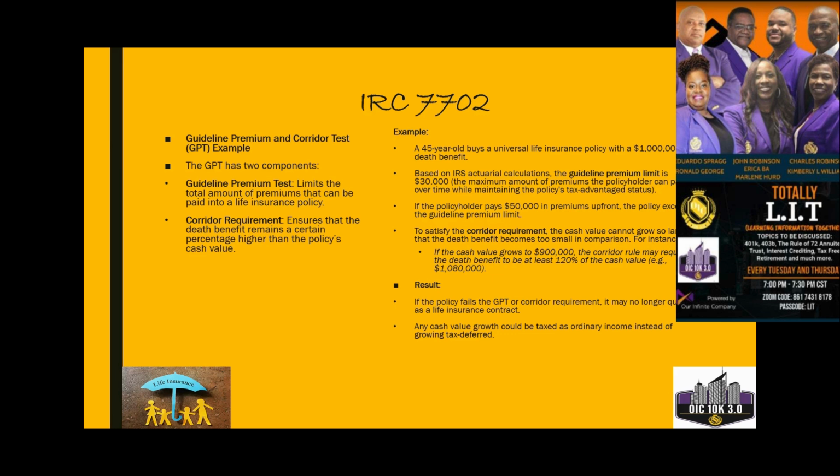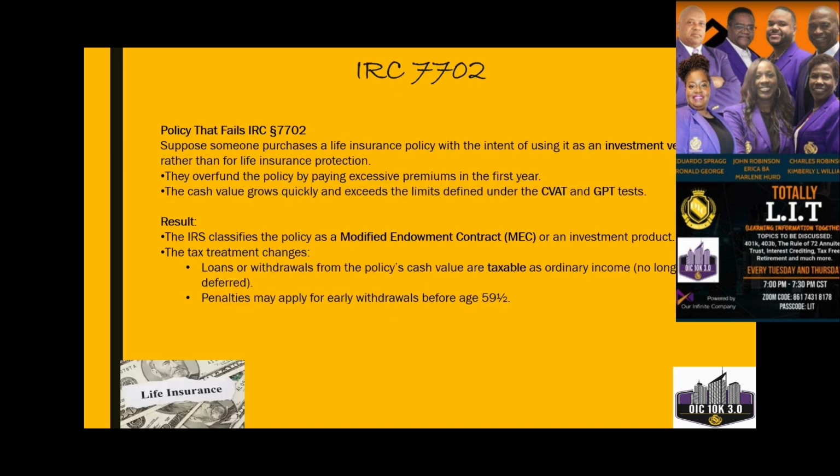And there's a difference between ordinary income tax and gains tax. With ordinary income tax, you might be in a higher tax bracket. So we definitely want to make sure that we understand. Policies that fail this code are called a modified endowment contract, a MEC, and the tax treatment changes.